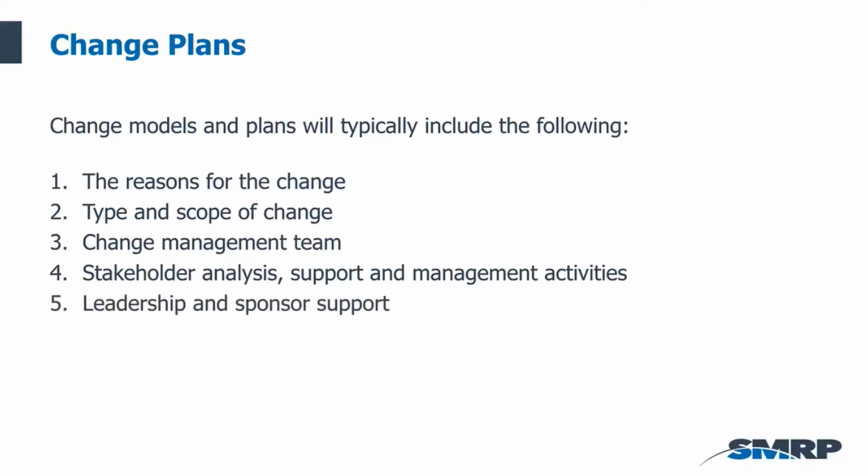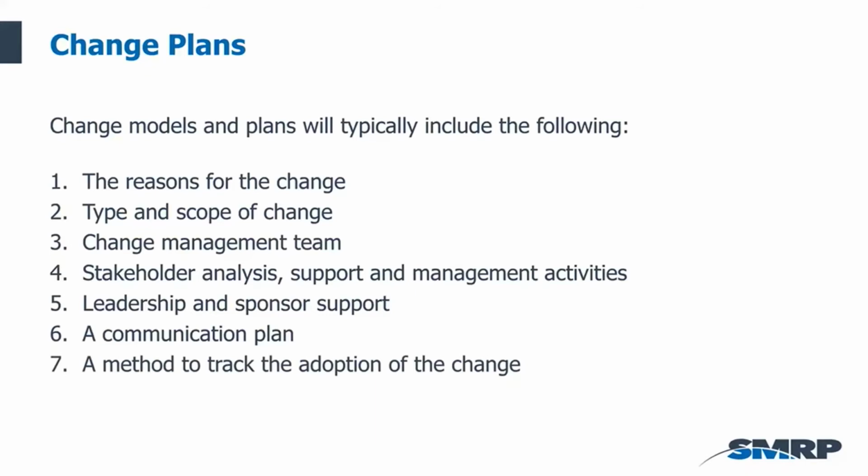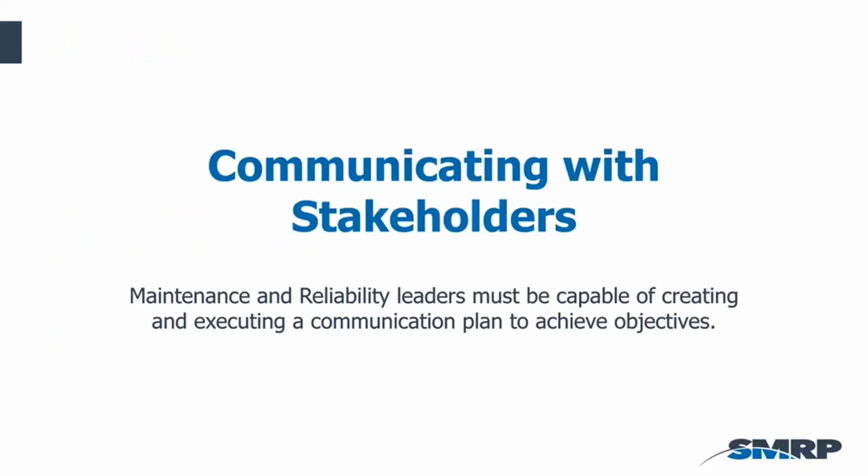The need to create a change management team, stakeholder analysis, support, and management activities, leadership and sponsorship that will help to support the change, a communication plan that helps us to carry people through and keep them informed and keep moving them from resistors to neutral and neutral to supporters. And we also need a method to track the adoption of the change. How barriers to adoption will be addressed.